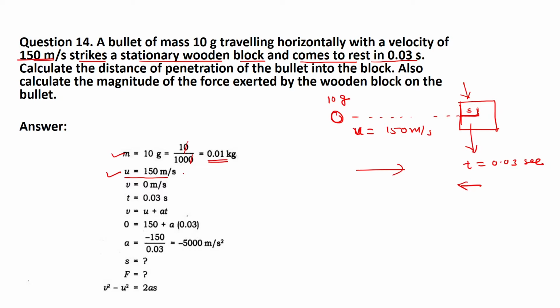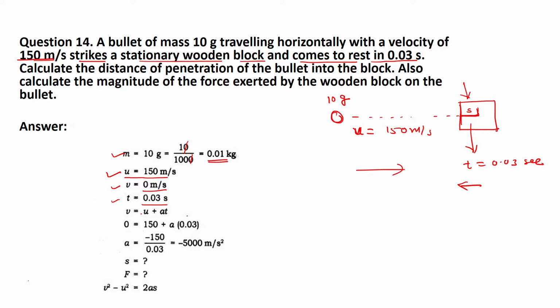Here students, always try to understand what is the initial velocity of the object and what is the final velocity of the object. Next is the time taken to penetrate through this block. It is 0.03 second. So here we have to use the kinematical equation.